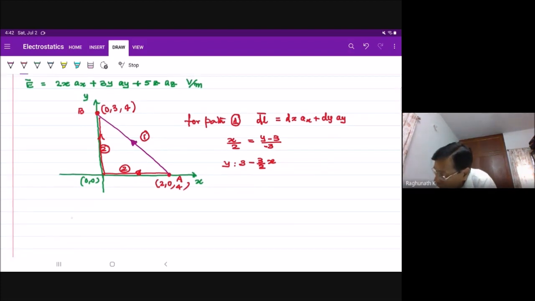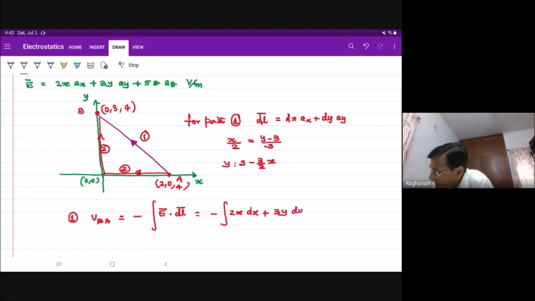VBA is equal to what? For the first path, VBA is equal to minus integral E bar dot dL bar, which is equal to minus integral of 2x dx plus 3y dy. dz is not there, not possible in this.